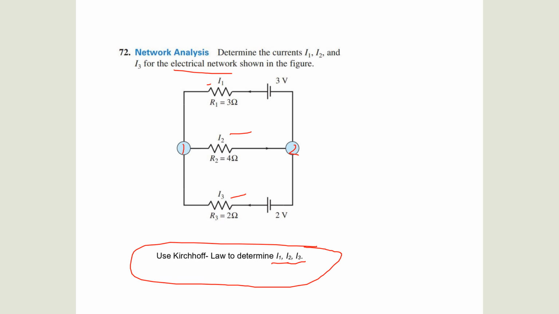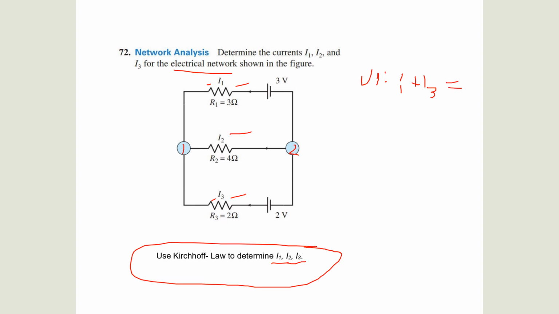For junction 1, let's write the equation. I sub 1 and I sub 3 have the same direction, moving towards junction 1. That's why we write I sub 1 plus I sub 3. And only I sub 2 has a different direction, which is moving away from junction 1.